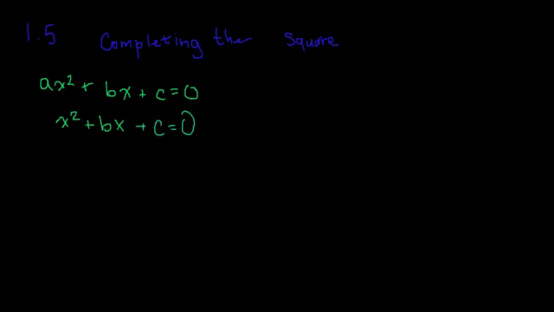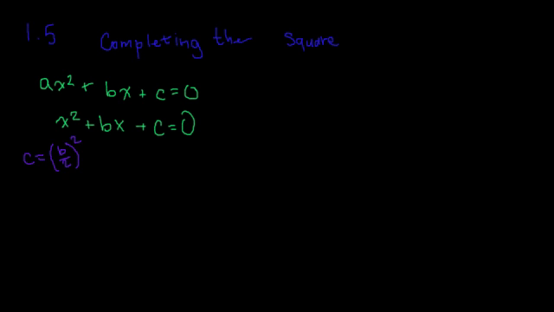Now, c is going to equal b divided by 2 squared. That's a rule of quadratics, because that's just how it is.